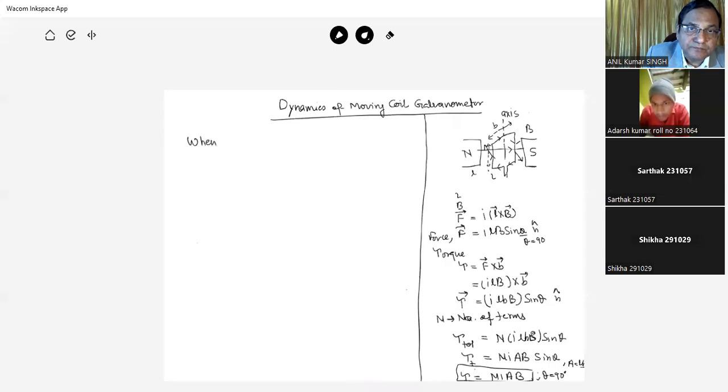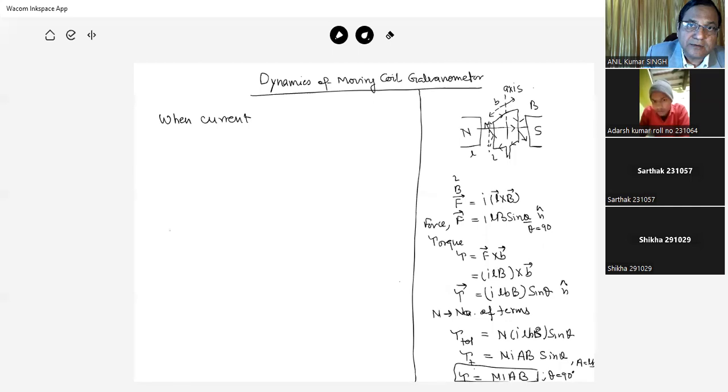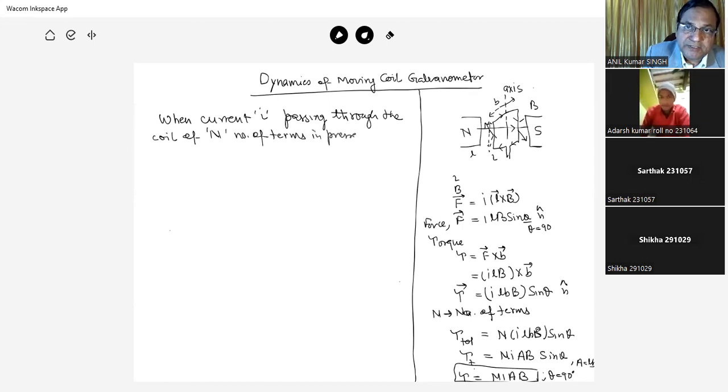So what is this? When current I is passing through the coil of n number of turns in presence of magnetic field B, then the torque developed is tau total, and this tau total is NIAB.